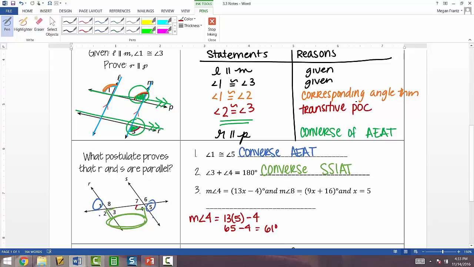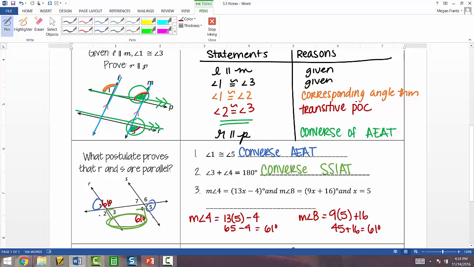So angle 4 right here is 61 degrees. Now we got to do the same thing with 8. So the measure of angle 8 is 9 times 5 plus 16. So 9 times 5 gives us 45. And if we add 16, we end up with 61. So this guy up here is 61 degrees.